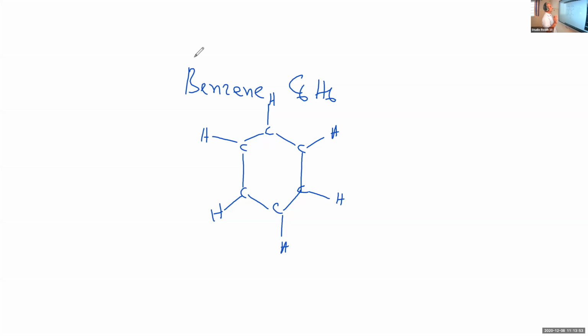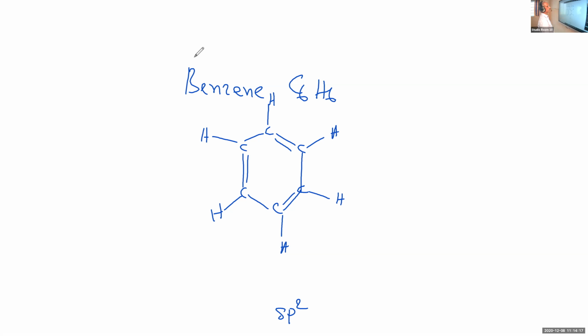And what about the hybridization? In benzene, the carbon atoms have sp2 hybridization. Here there is single bond, double bond, single bond, the Kekulé structure.